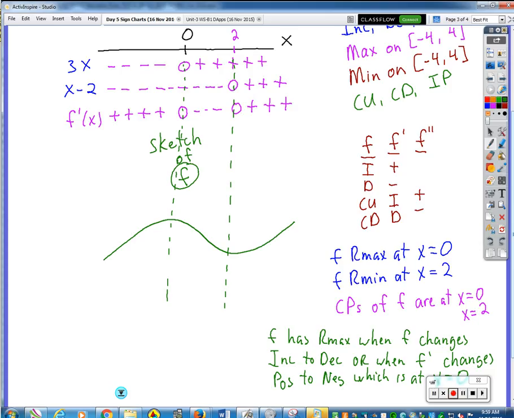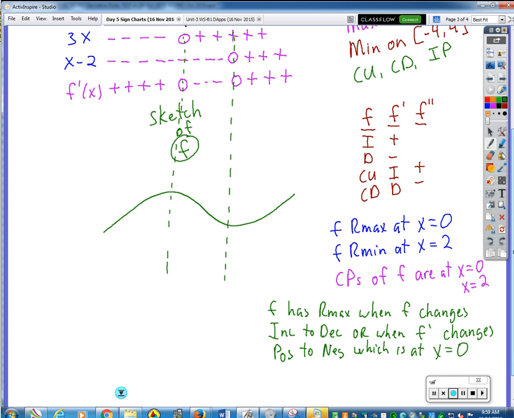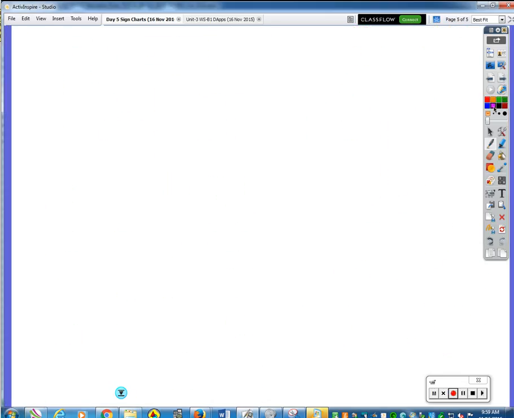So for critical points, it's when the slope is 0 or undefined. Can a sign chart show when it's undefined? Yes. This was a little bit tough because there's no places here where f prime is undefined. But if I had an f prime that looked like this, I would just make a little note to the side somewhere.